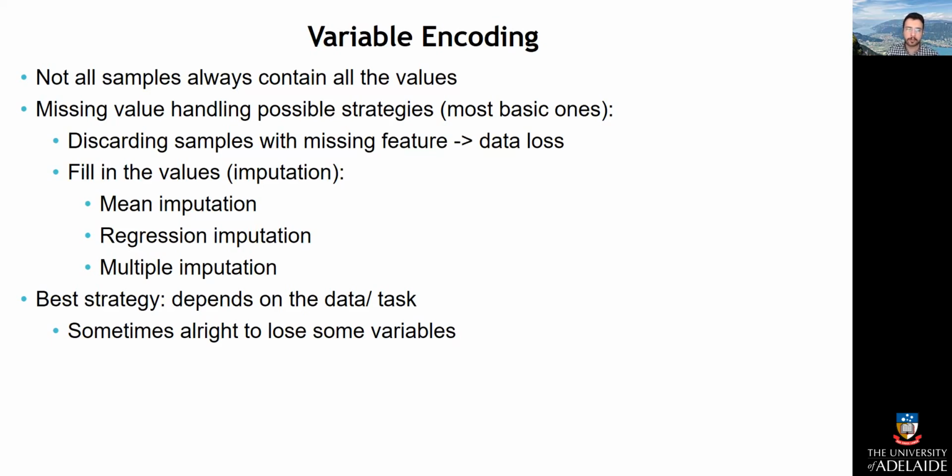There are a few different strategies that might depend on your task. The most general one is that sometimes you just want to discard a certain variable, because you have expert knowledge, from previous results or whatever, that this variable is not important. Okay, we lose that. But sometimes that means that you lose some important information.